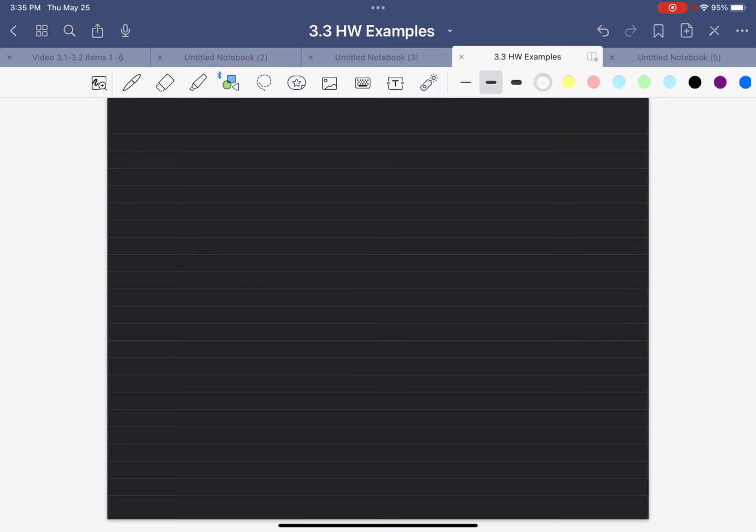Now number 2, similar kind of problem. We have this time f of x is x squared plus 11x between x is 0 and x is 4.